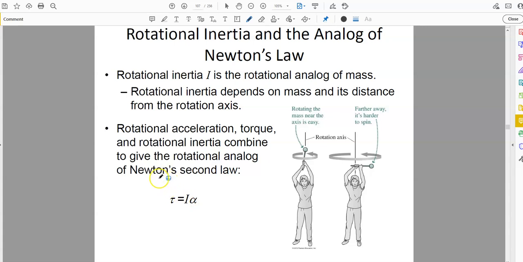This is analogous to force is equal to mass times acceleration. So this is the rotational form of forces. Okay.